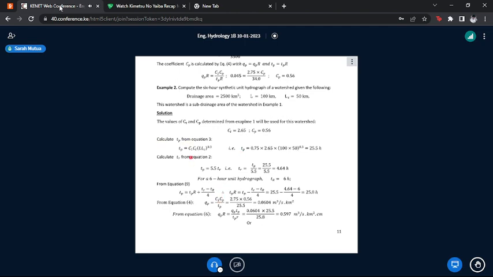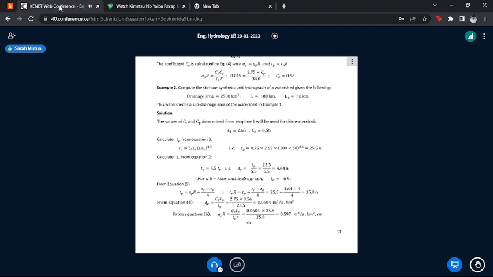We first calculate TP, we calculate TR, and then using equation 5, and I had written it as equation 9, but we don't even have equation 9.